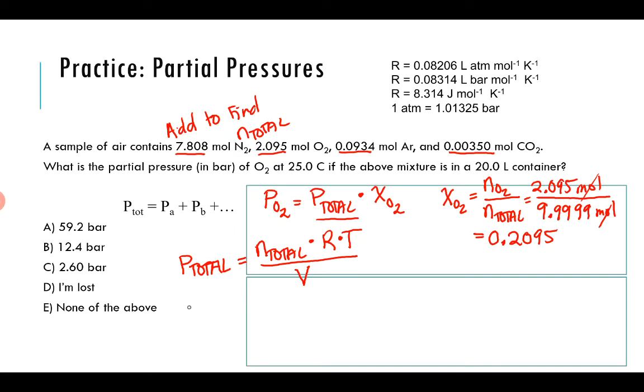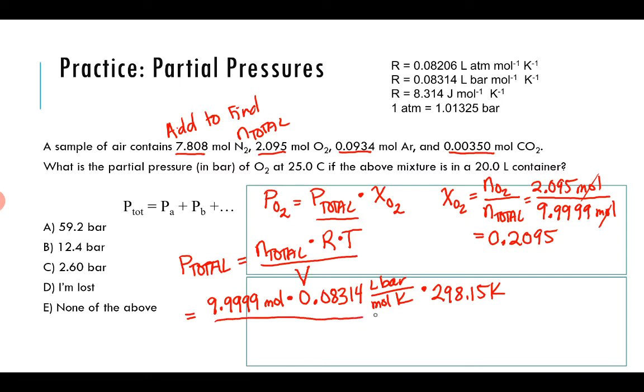So when I plug in numbers into that equation, I use my N total, which was 9.9999 moles. Multiply that by my R, which was 0.08314 liter bar per mole Kelvin. Then I need to multiply that by my Kelvin temperature, which, if I look back in my calculator, was 298.15 Kelvin. And then I divide that by the volume, which is 20.0 liters.